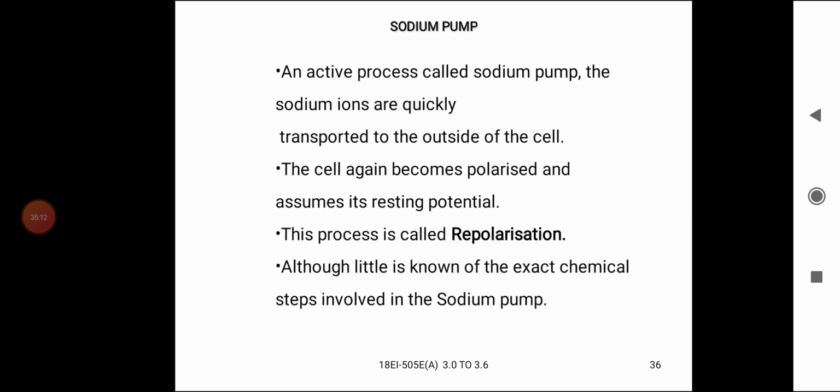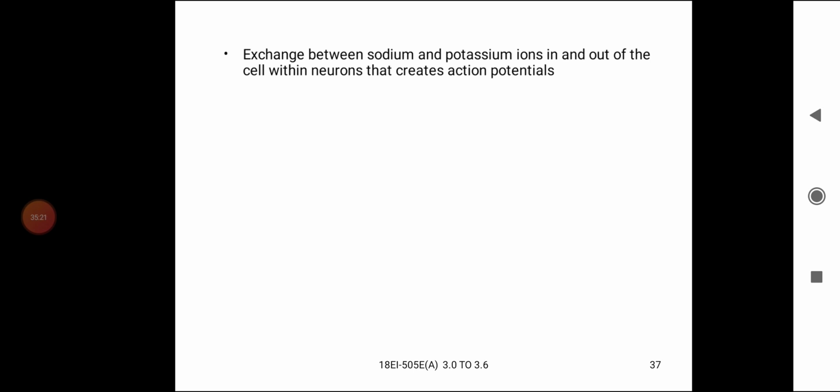Although little is known of the exact chemical steps involved in the sodium pump, the exchange of sodium and potassium ions in and out of the cell within neurons creates action potentials.